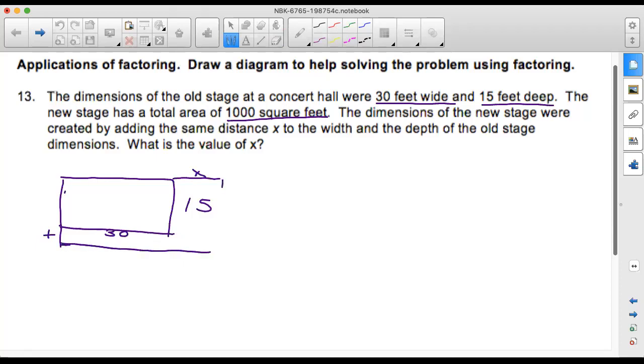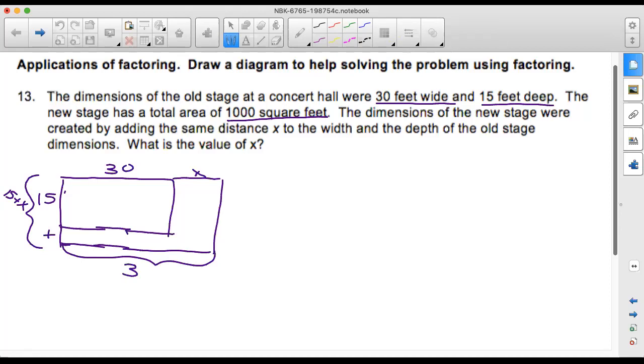And I'm just going to connect them. So then what is the length of this whole side, Riley? 30 plus x. Awesome. And what about the length? 15 plus x. Perfect. So how should I set this up?